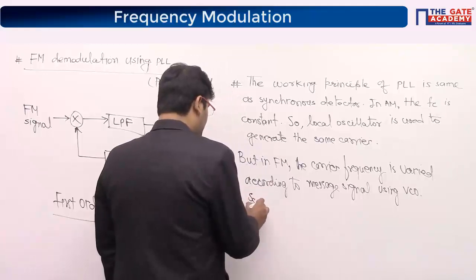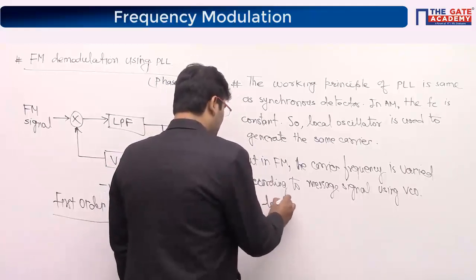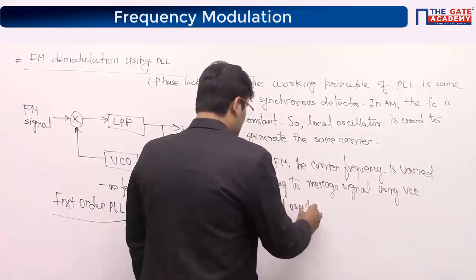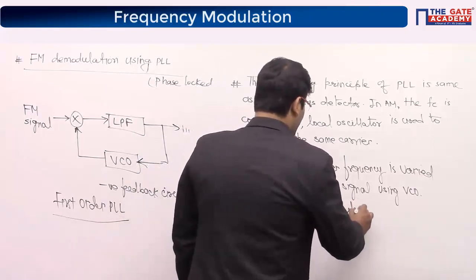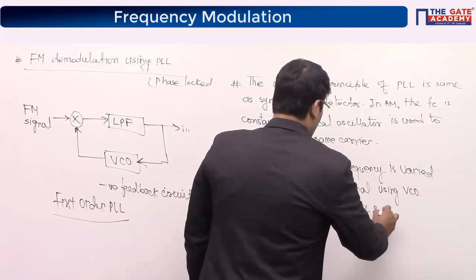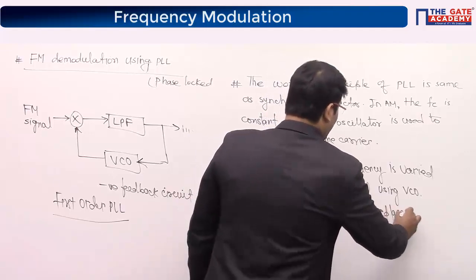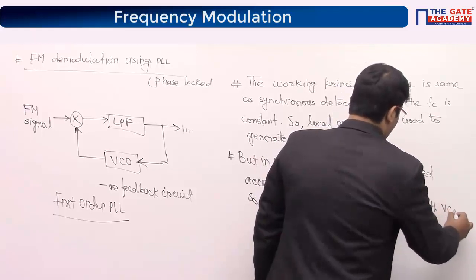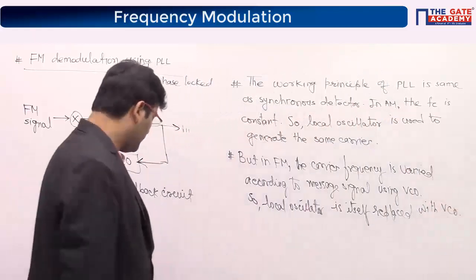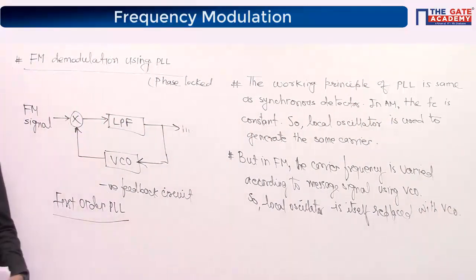So, the local oscillator is itself replaced with a VCO. That is exactly what we have done. Is replaced with VCO. Clear?